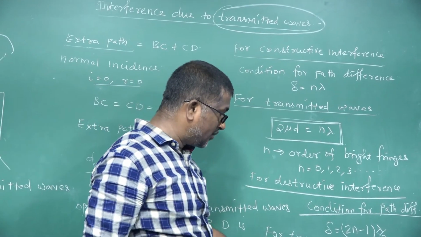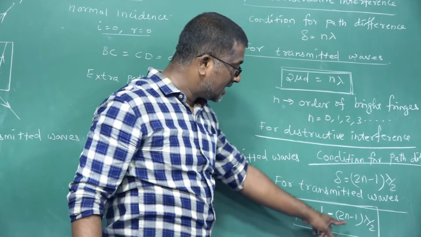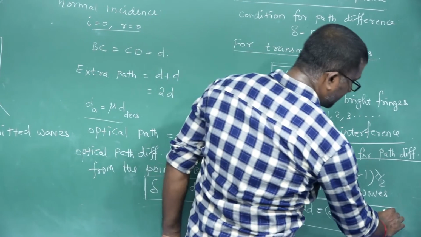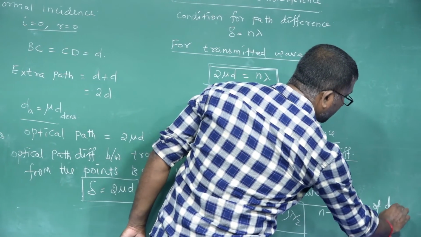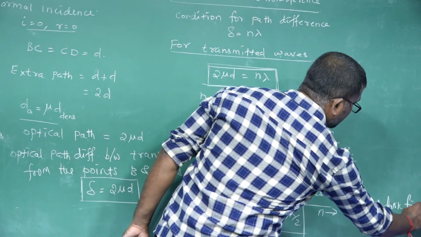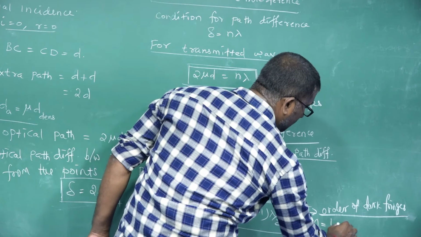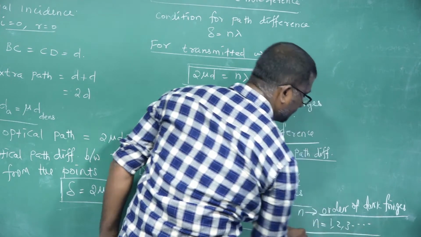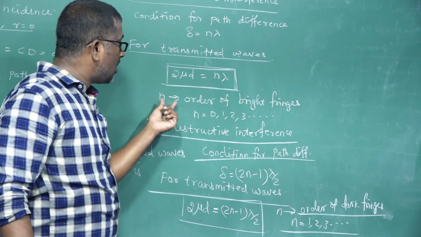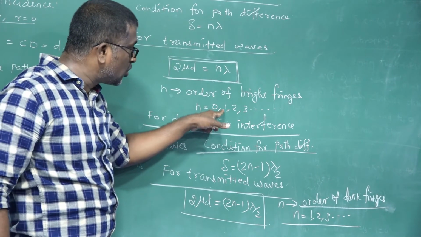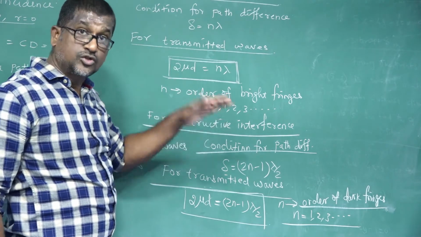Already I told you mu is the refractive index of the thin film medium, d is the thickness, and n is the order of dark fringes. Its value is 1, 2, 3, and so on. In the case of interference due to transmitted waves, the order of bright fringes is 0, 1, 2, 3, and so on, so the 0th order is also possible.